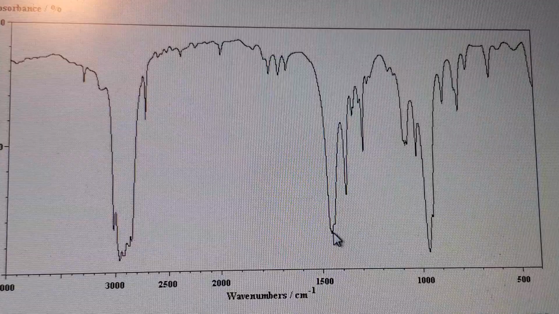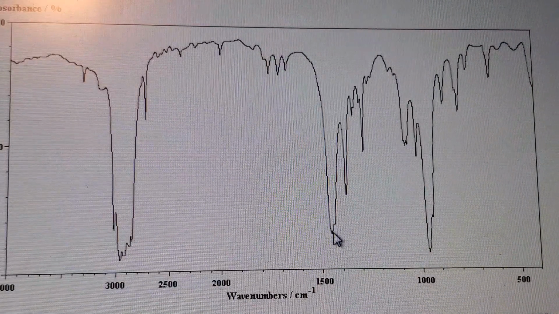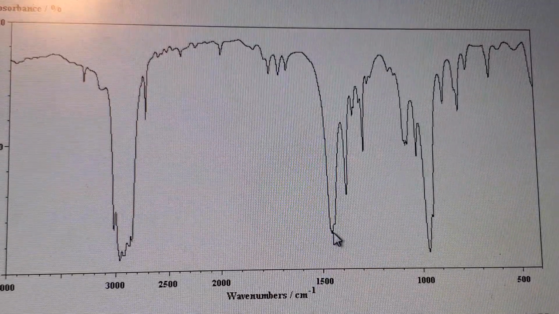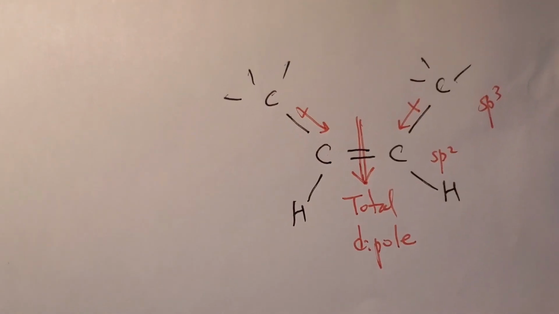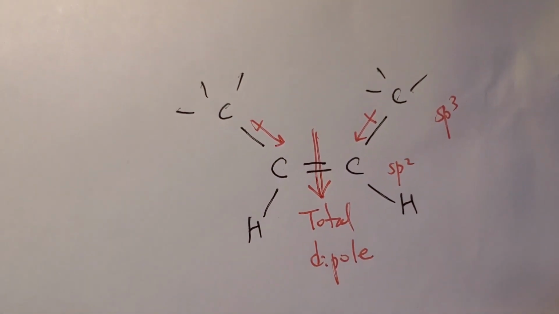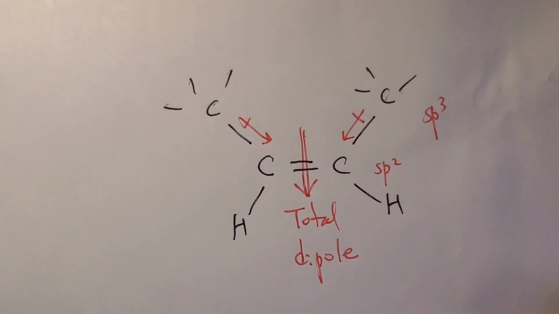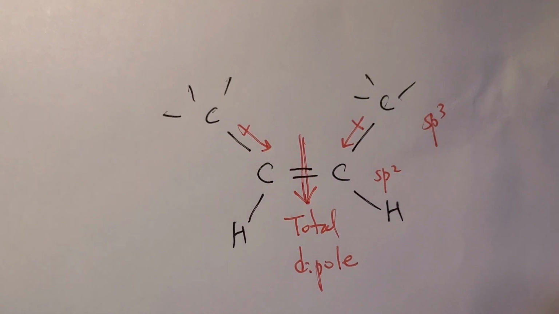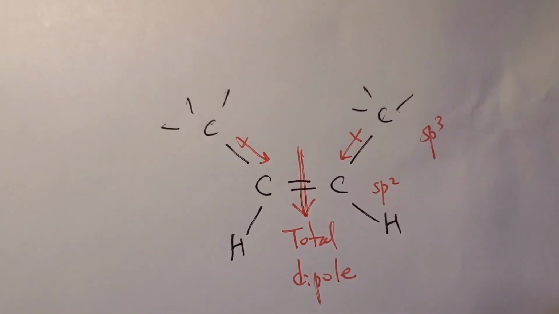There you can have just carbon like this. You can have sp3 neighboring carbon donating electron to the more electronegative sp2 double bond carbon, and you have two of them as a cis isomer.